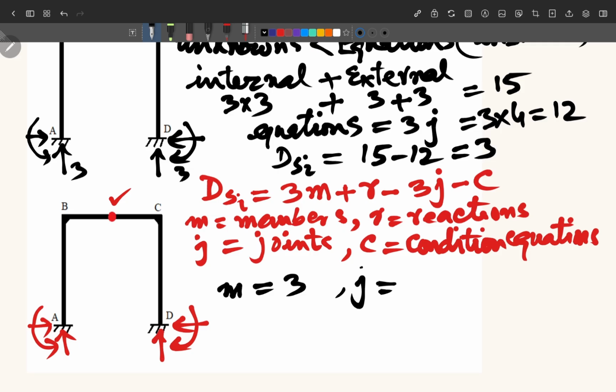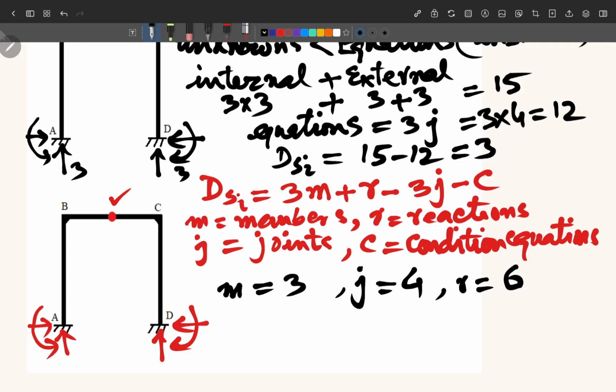This hinge we will not consider in the case of rigid joints. So we have joints equal to 4 here. So M is equal to 3, joints equal to 4. Now reactions, how many reactions? Equal to the support reactions. So 3 plus 3, 6.